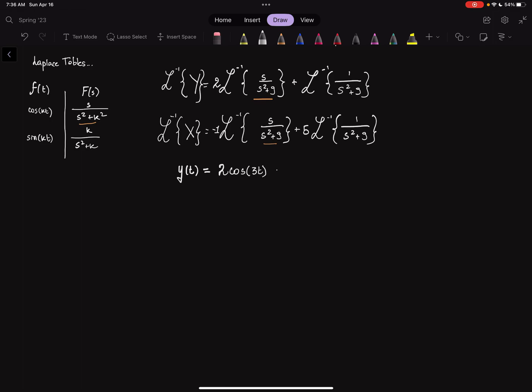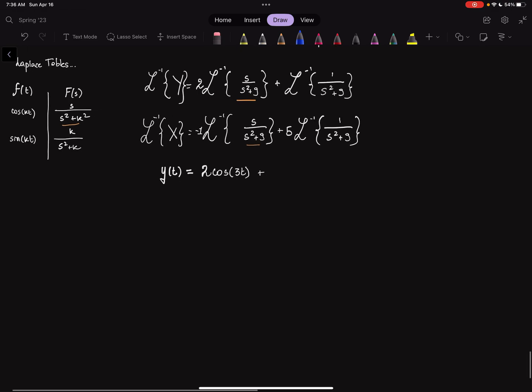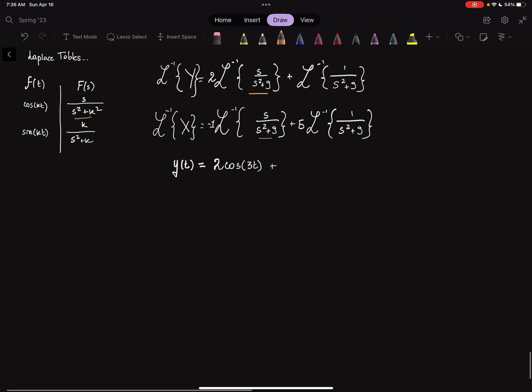And with the other part of the Laplace, it looks like this one could be this one if only I had the k on top. And I forgot to put a square here as well. So this is squared.